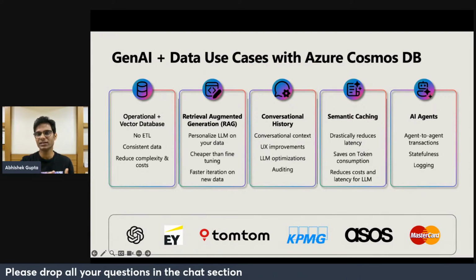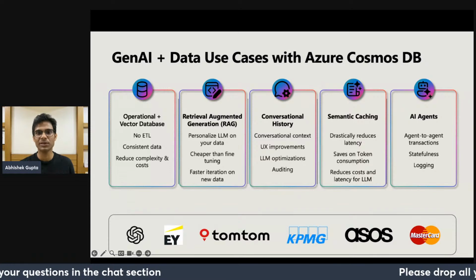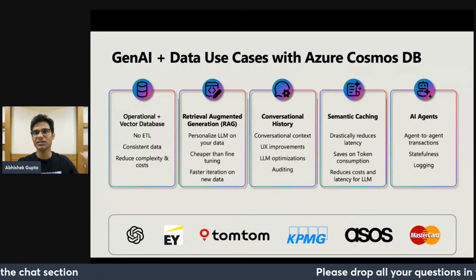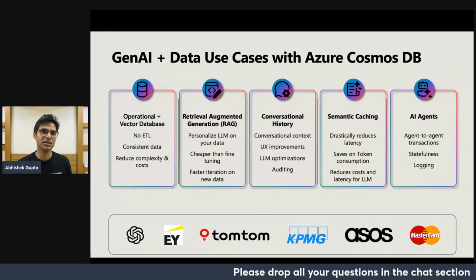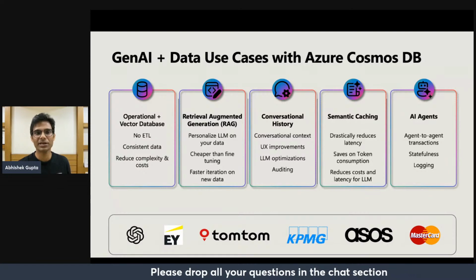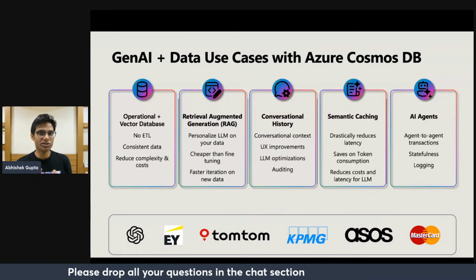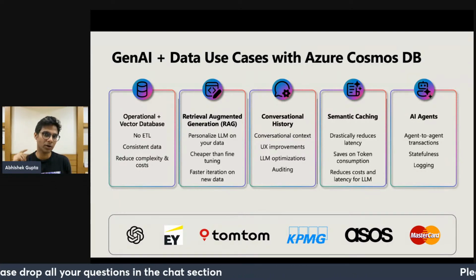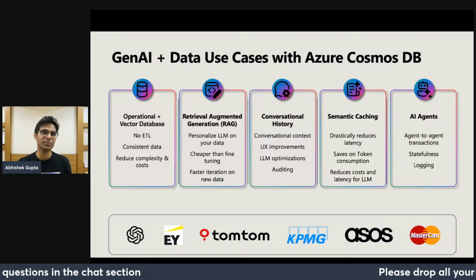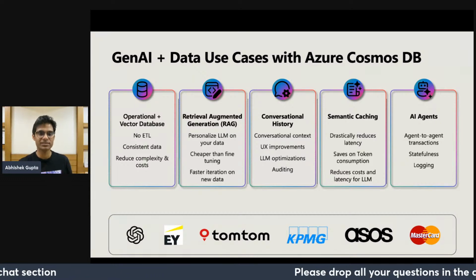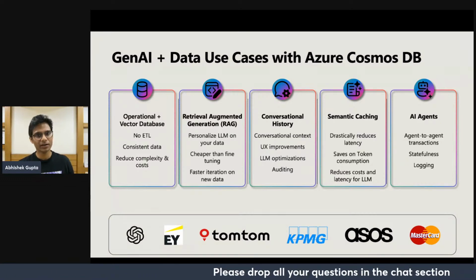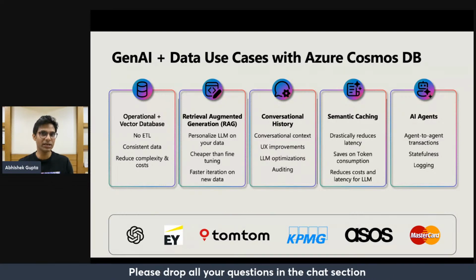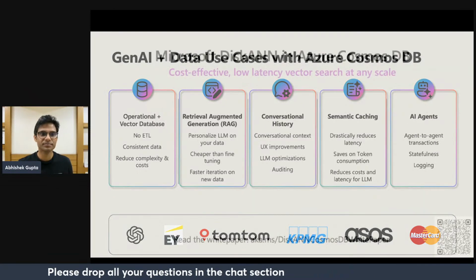So essentially, it's about using Azure Cosmos DB across the entire spectrum of use cases when it comes to building generative AI applications. And like I said, this is not just about chat history, but also about retrieval augmented generation, semantic caching, and of course, agentic app development as well. And customers are already using Cosmos DB extensively.